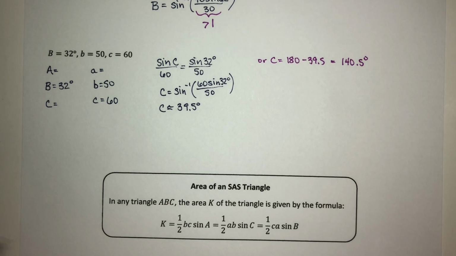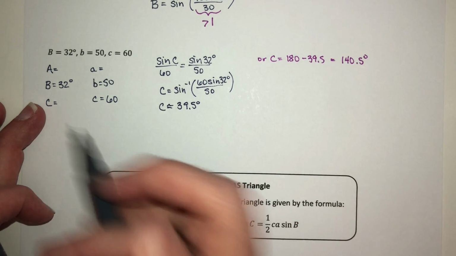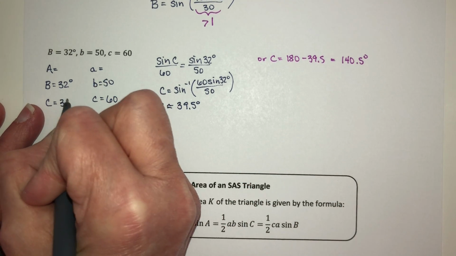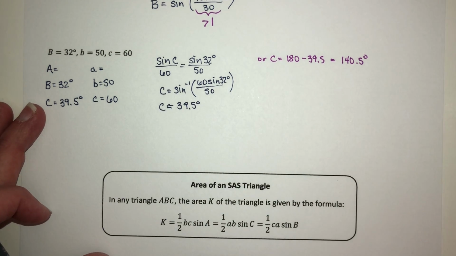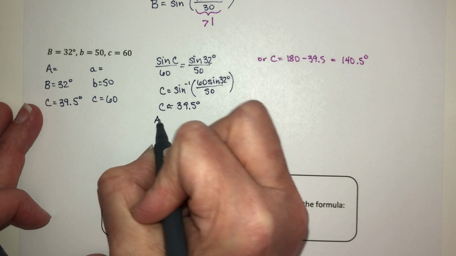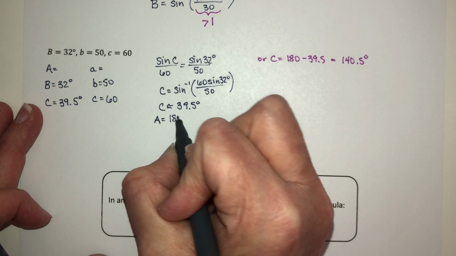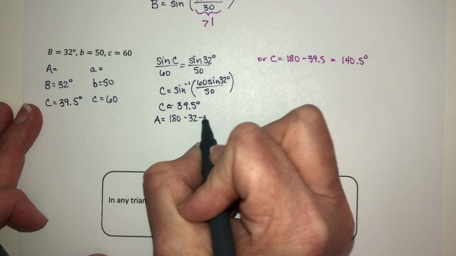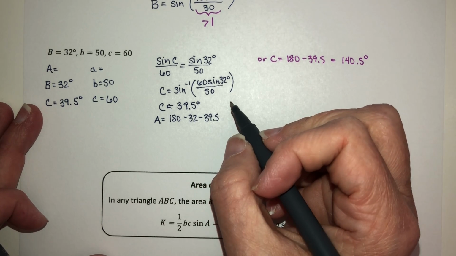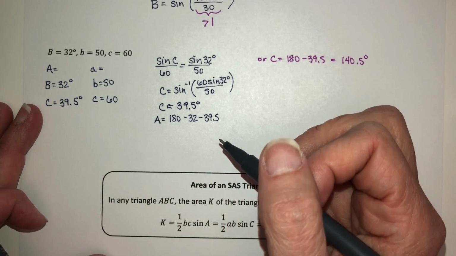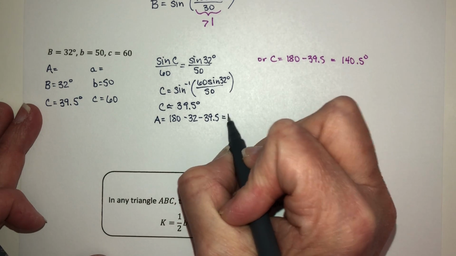So for this one, our C value is 39.5 degrees. So our A angle is 180 minus 32 minus 39.5, which will give us 108.5.